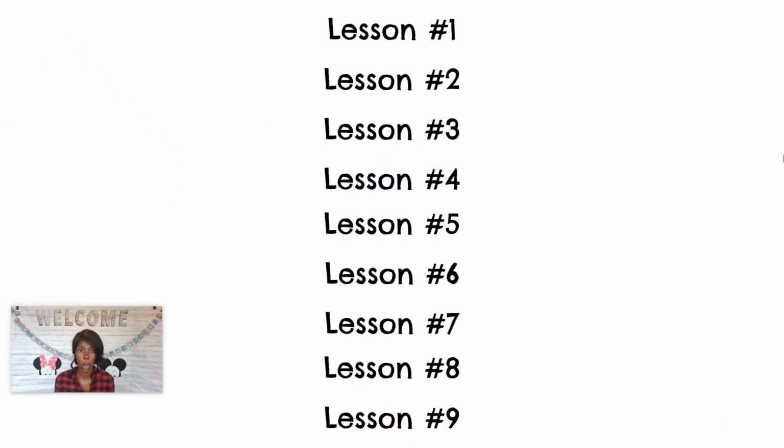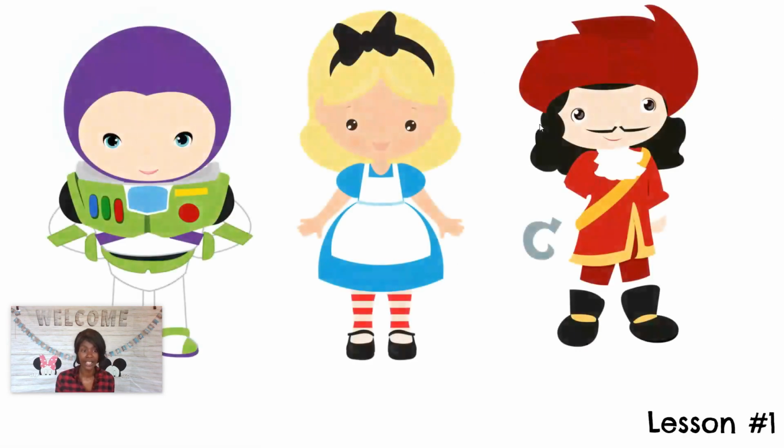Good job saying all of those letters and sounds with me. So now we're going to find out who our characters are going to be for today. Our characters today are going to be Buzz, B, Alice, A, Captain Hook, K. So we'll be focusing on B, A, K today.